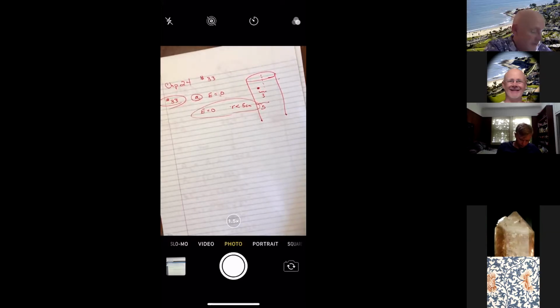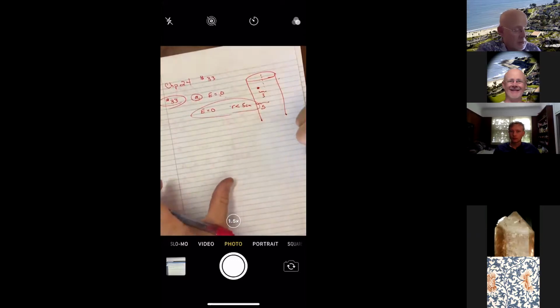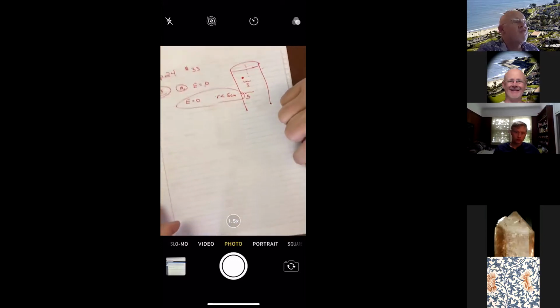So does it matter if it's saying that the charge is on the surface or inside? Well, once they say it's metal, they've said it's a conductor, and this charge can only be on the outside of a conductor. So it will be on the surface. So we know it's on the surface and we know there's no electric field on the inside. Okay. On the surface, will we consider the top and bottoms, or are we only going to consider the surface?